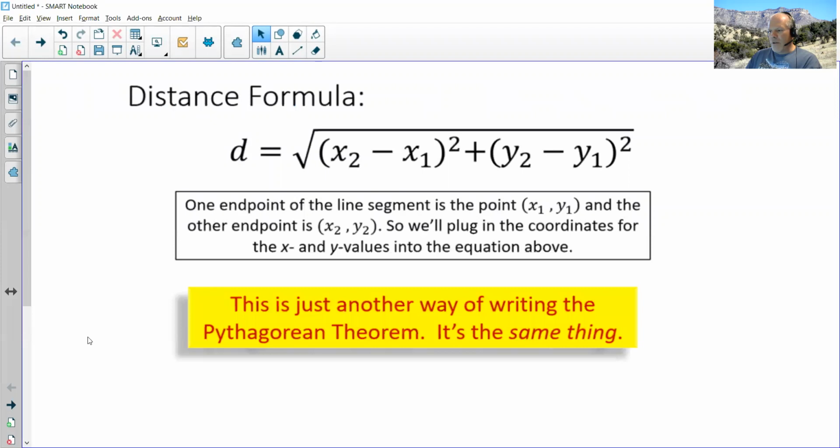The distance formula is d equals the square root of (x2 minus x1) squared plus (y2 minus y1) squared. And while this looks kind of ugly, it's really just a restating of the Pythagorean theorem.